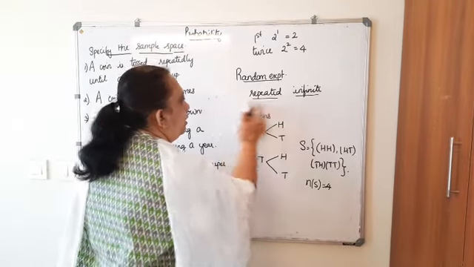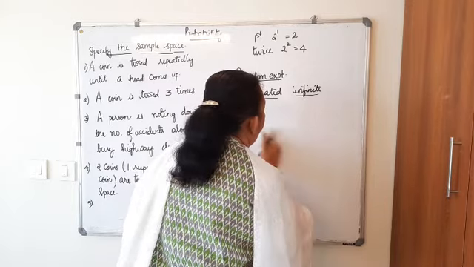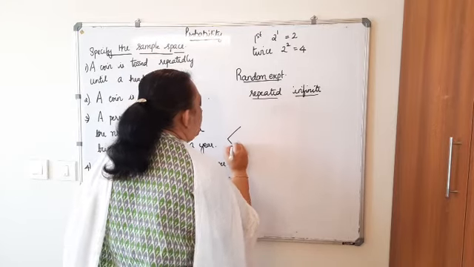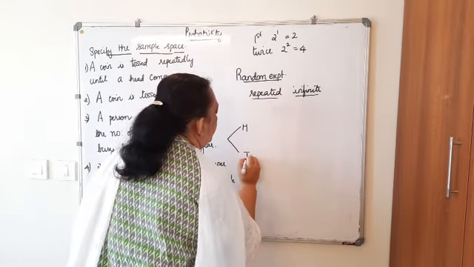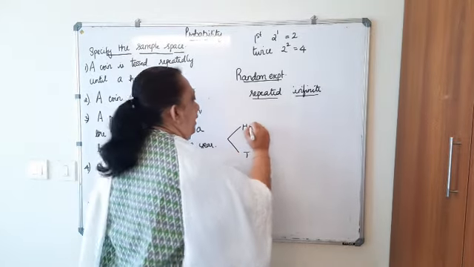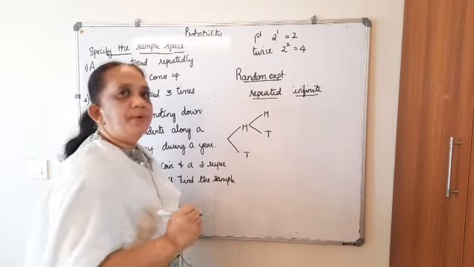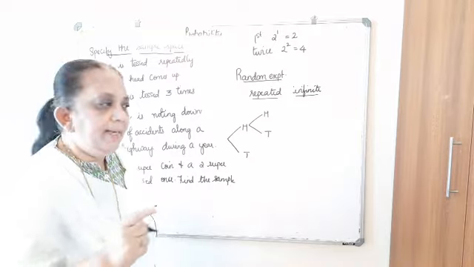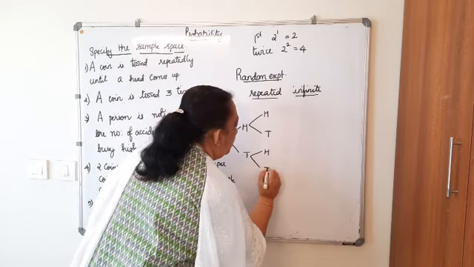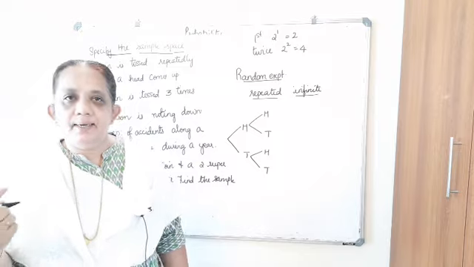Suppose you toss a coin 3 times, what about the sample space? First, when you toss, you get a head or a tail. Suppose you have a head. Again, when you toss, you get a head or a tail. Suppose the first time you get a tail, then you toss the coin again and get a head or a tail. The same coin is repeated the second time.